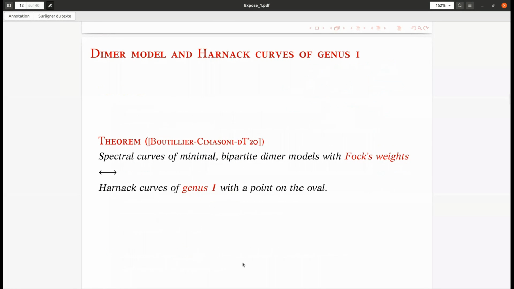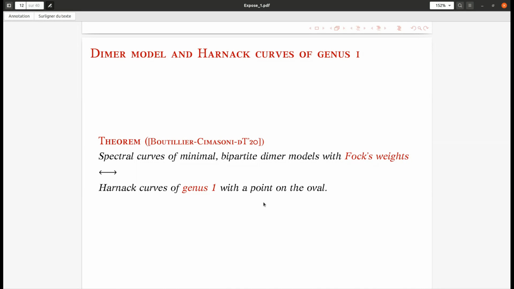Okay, and so one of our first results is that spectral curves of minimal bipartite dimer models with Fock's weights that I will tell you about, Fock's paper I talked about before, are actually in correspondence with Harnack curves of genus 1 with the point on the oval.